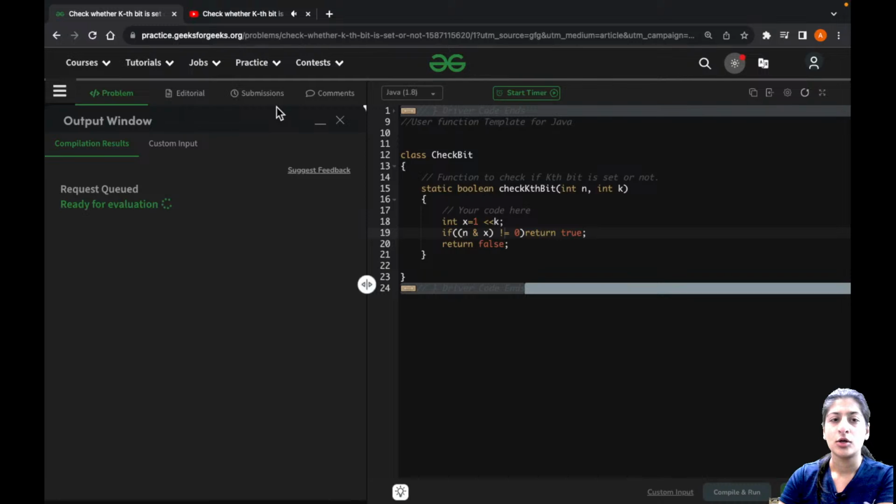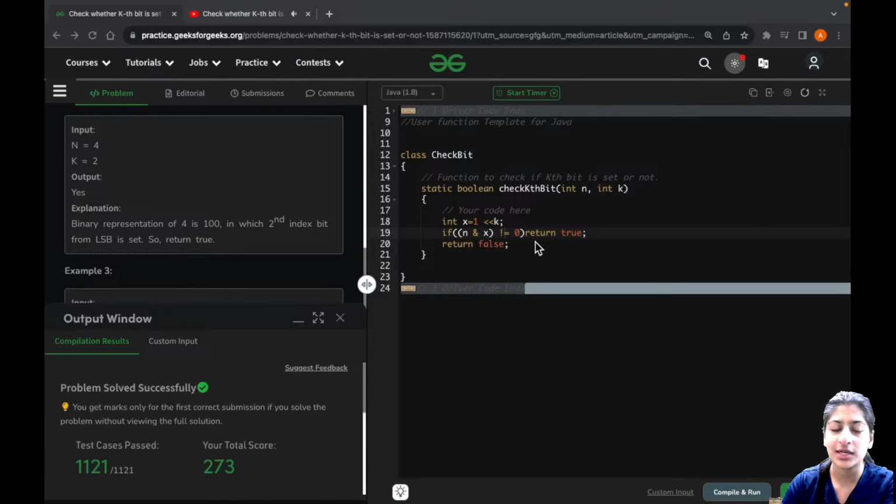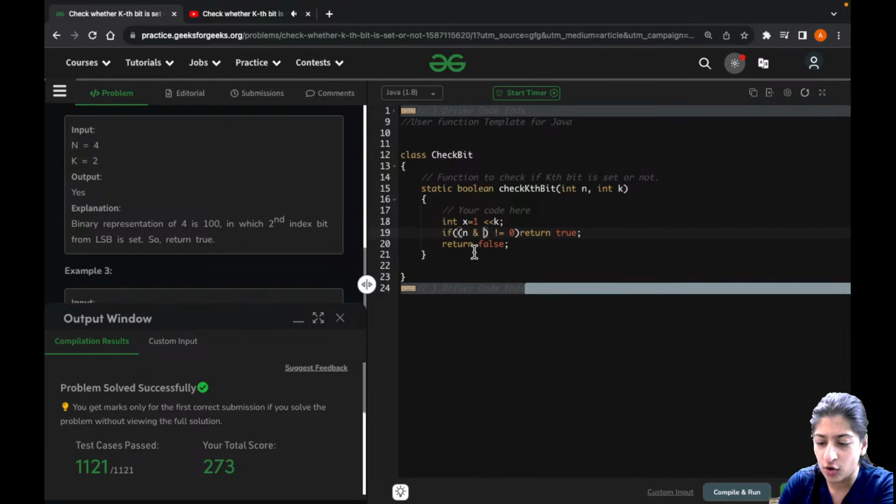Fine. So coming to the next approach that I discussed. In this approach we right shift the number itself by k positions, and then we do bitwise AND with 1. So the bitwise AND of n with 1, after you right shift your n by k times, let's say that is your x.